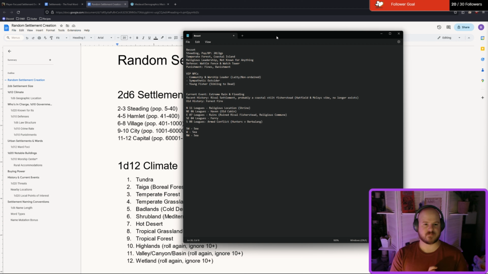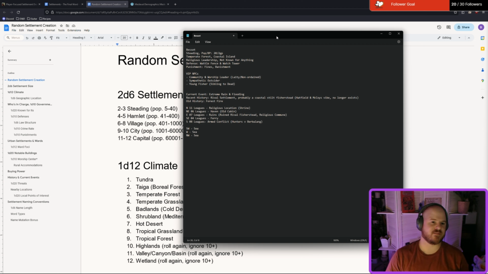And then after that, we just knock out what's in the cardinal and ordinal directions: what is the closest thing that we can use as rumors, adventure hooks, places for people to go investigate, and how far away are they.